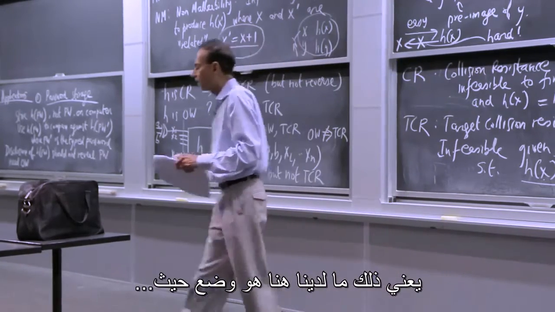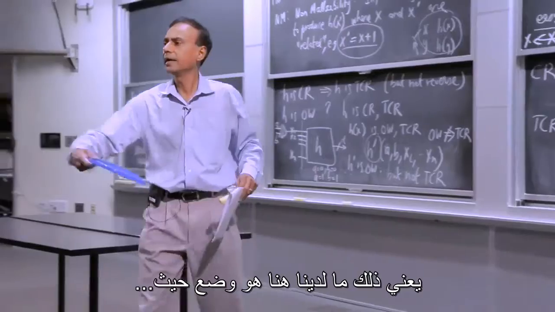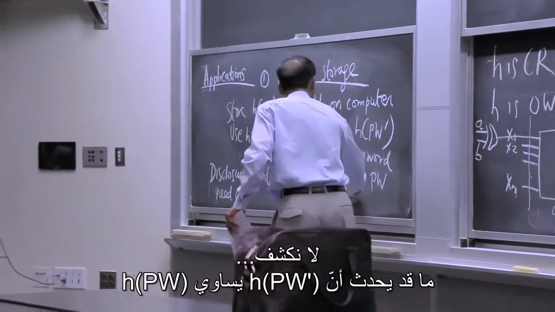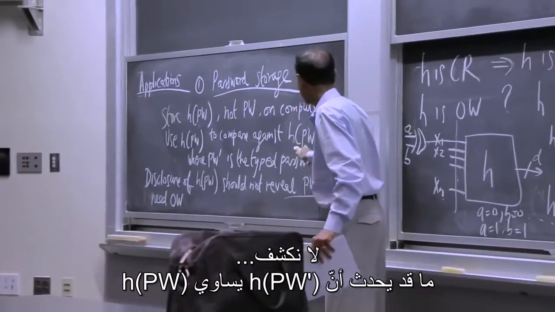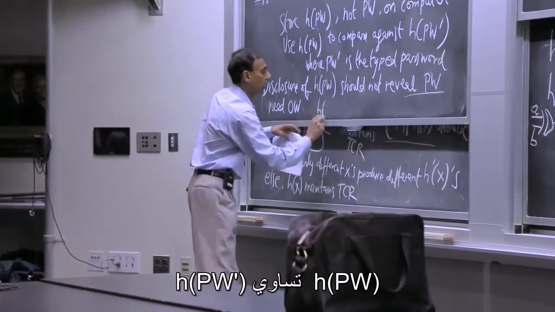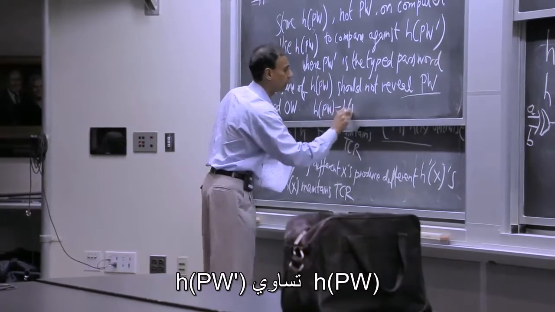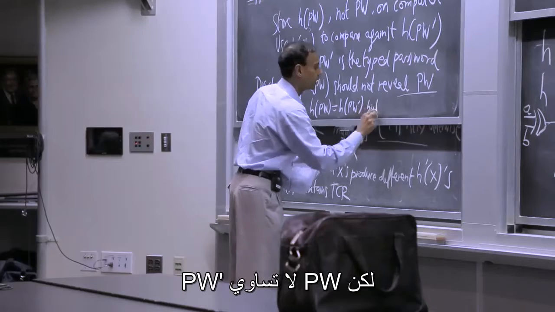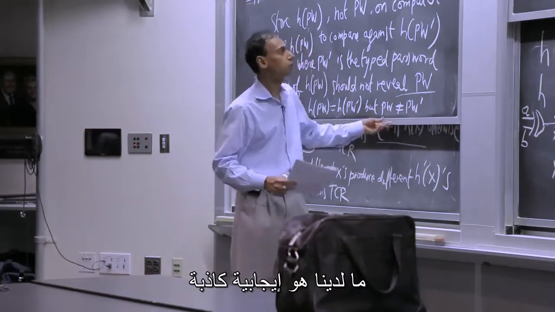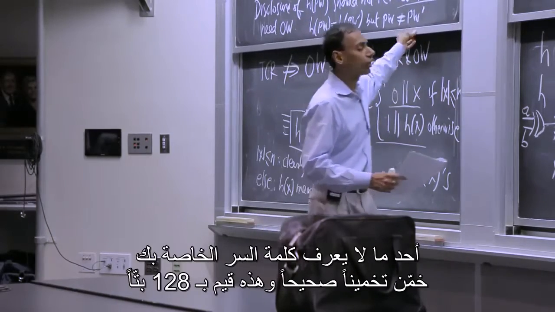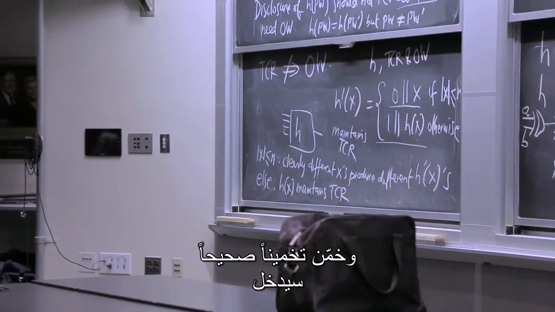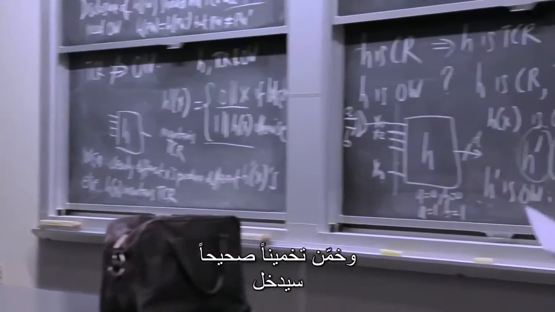So it means that if H of PW prime equals H of PW, but PW is not equal to PW prime, what you have is a false positive. Someone who didn't know your password but guessed right, and this is a 128-bit value, and they guessed right, is going to get in, right?